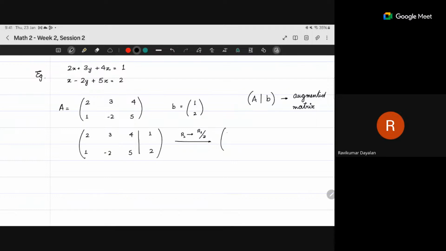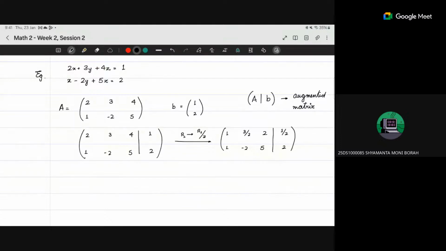Now, what is after the vertical line? Same thing, divided by 2: 1 by 2 and 1 by 2. So whatever operation you do on whichever row, the corresponding changes you have to make in the corresponding entry for B as well.